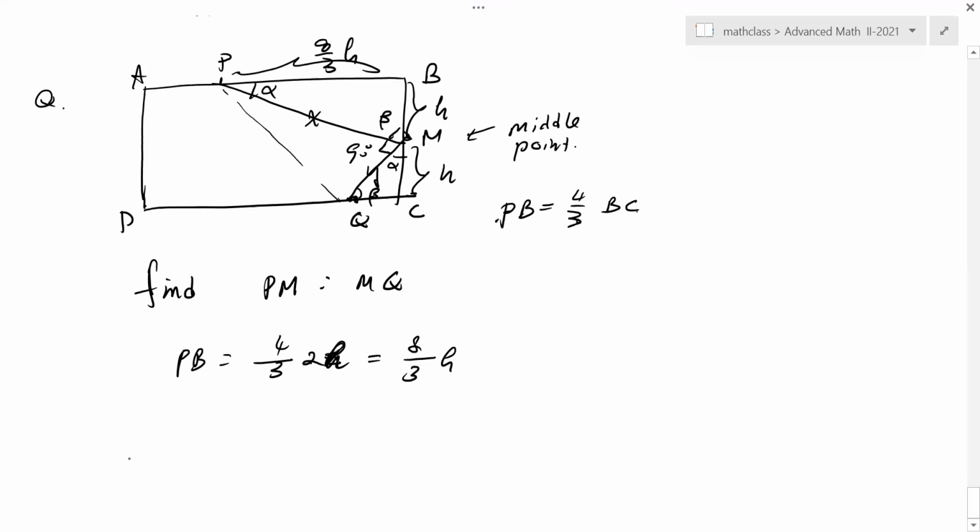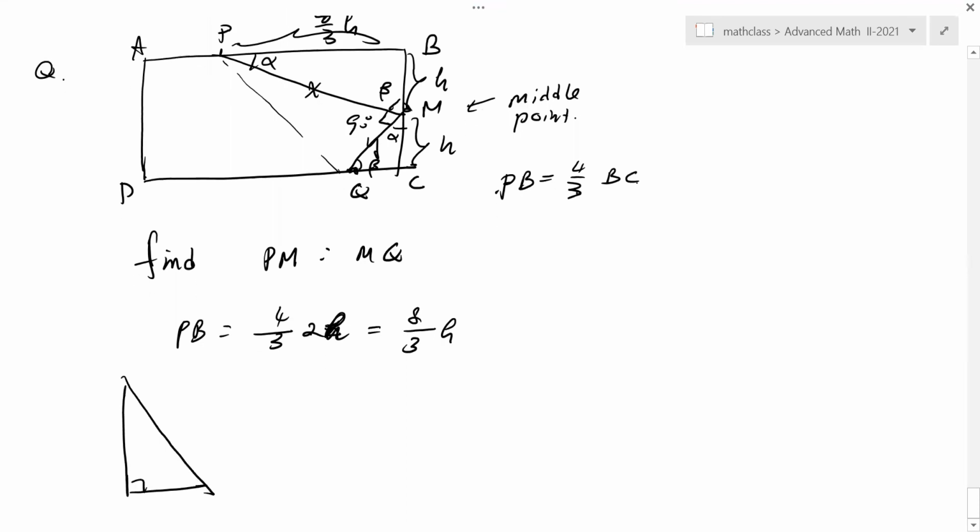So now you have two triangles that are similar, B, P and M, and this is another triangle, M, Q, C. Because this is alpha, that's alpha, right?